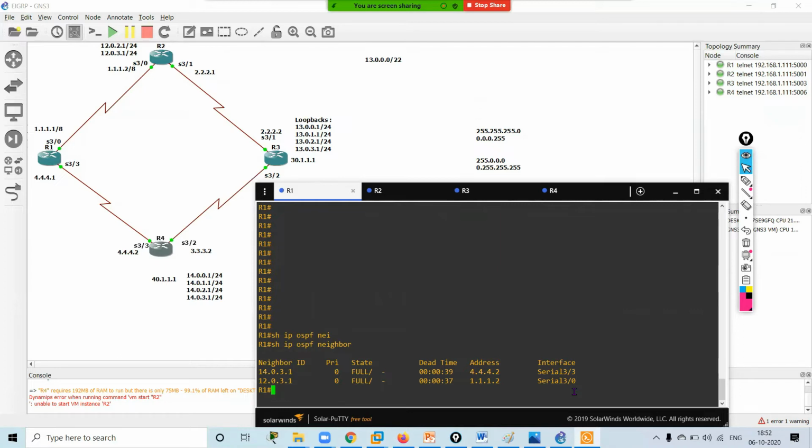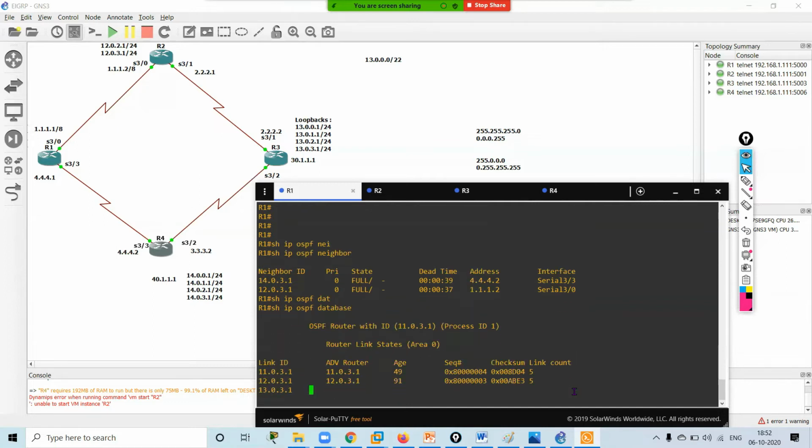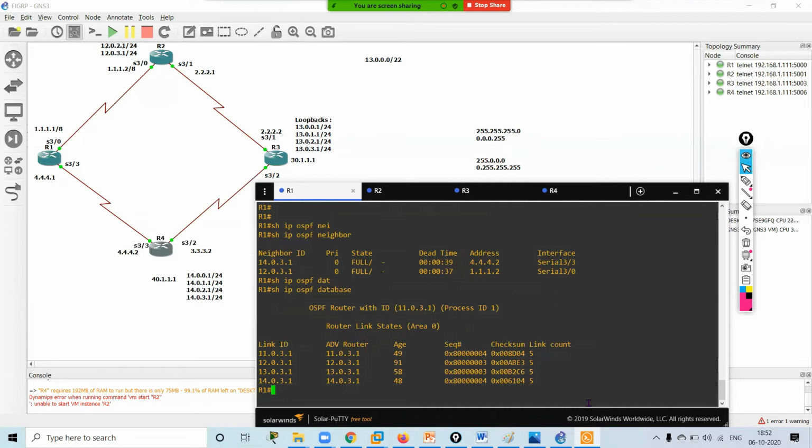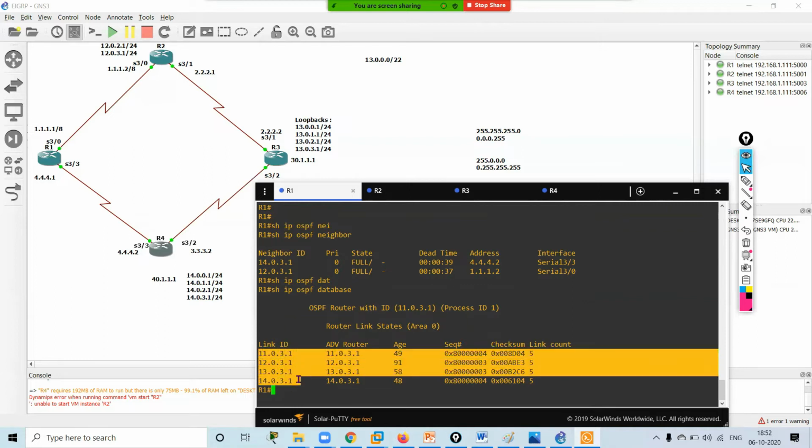Show ip ospf database. This is my database table. I have each and every route. You can see this is my database table. These are the router IDs of all the routers, all the networks that I have.